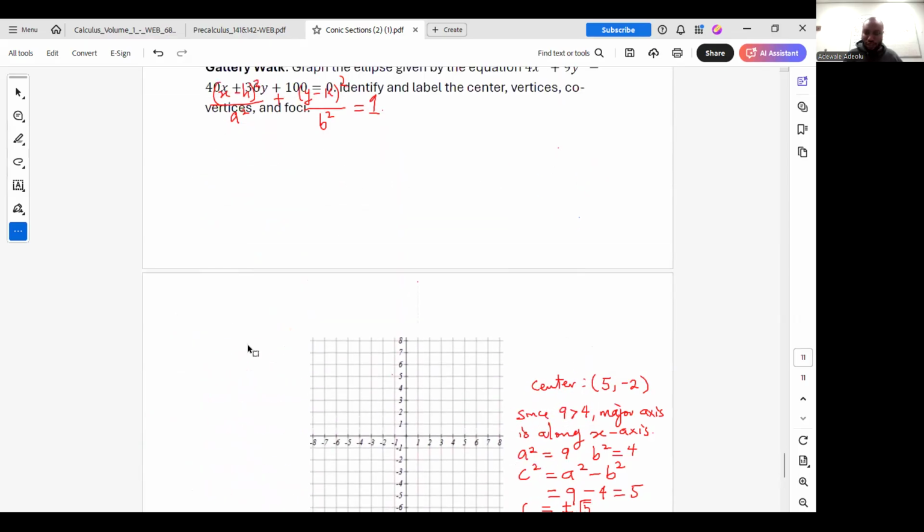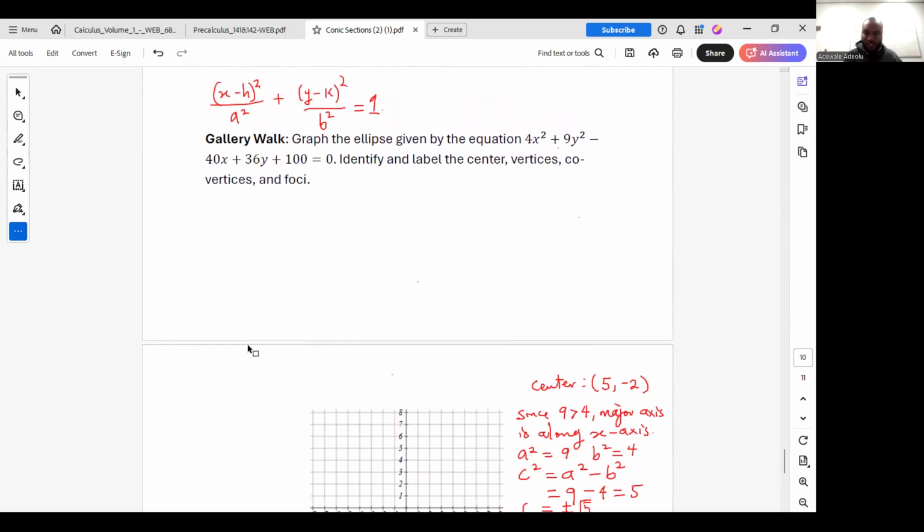Now, what do I need more? Now I have the center. I can now write my vertices. Remember, the first thing we need to account for is the center, which is 5, comma, negative 2.